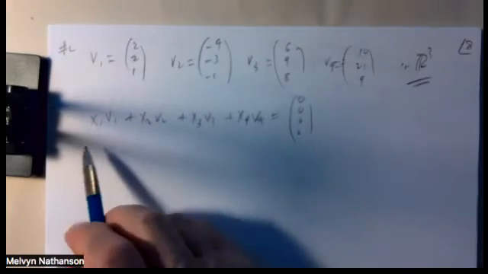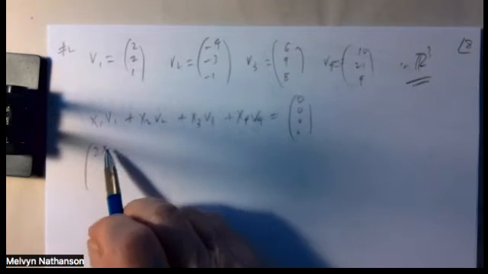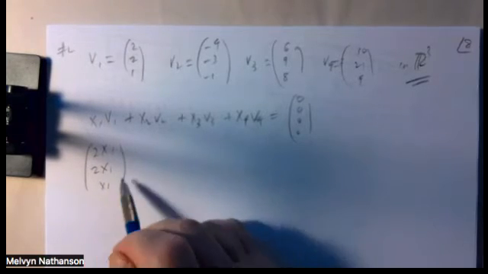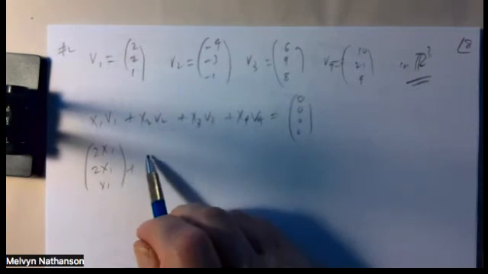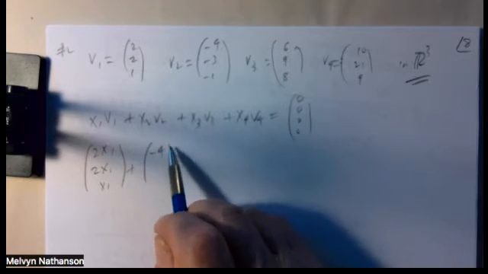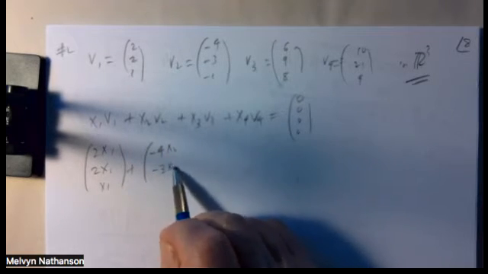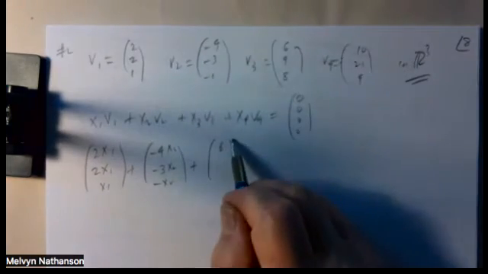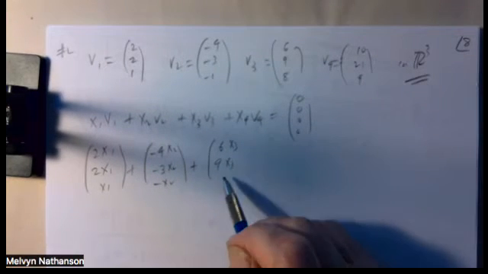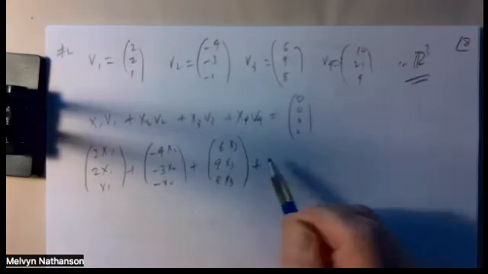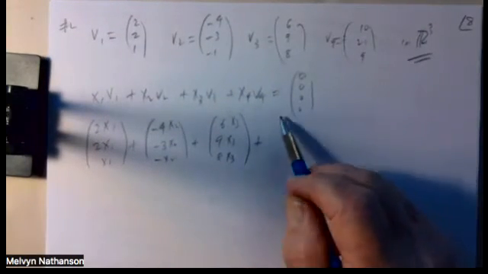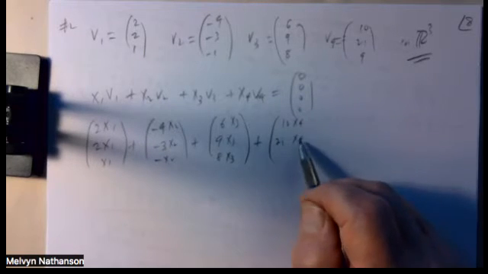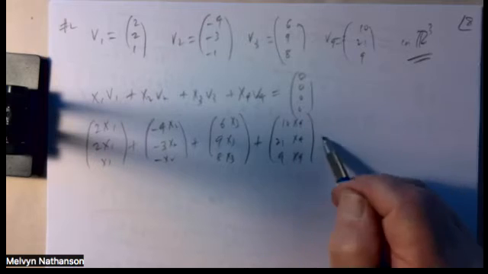So what is this? x1 v1, that's 2x1, 2x1, x1. x2 v2 is minus 4x2, minus 3x2, minus x2. x3 v3 is 6x3, 9x3, 8x3. x4 v4 is 10x4, 21x4, 9x4.